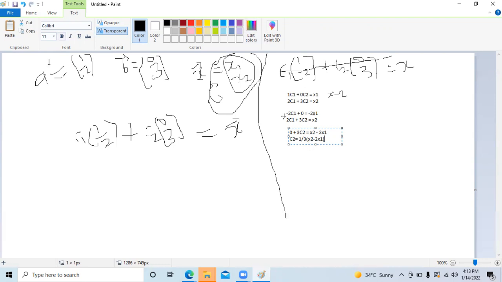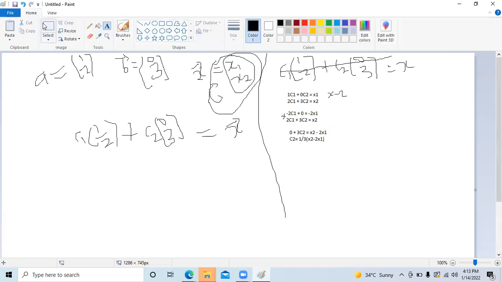So remember that from here, to solve this easily, x1 equals C1.